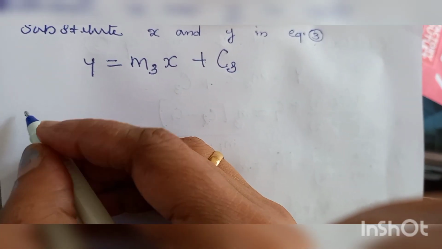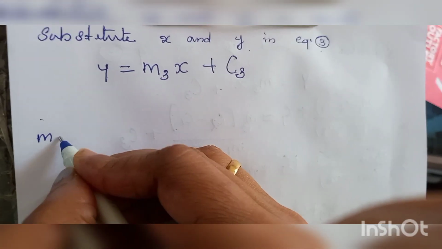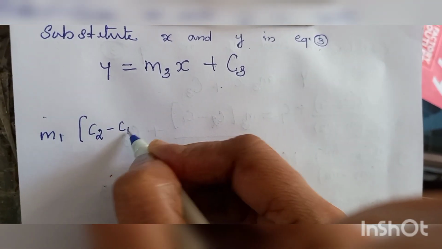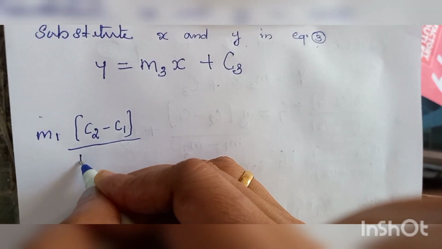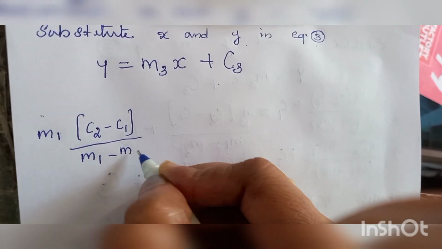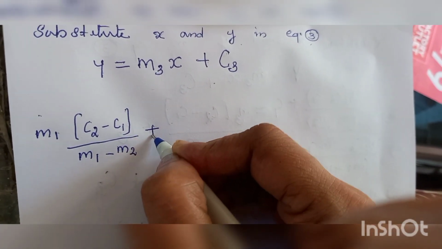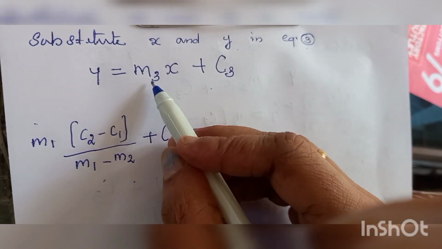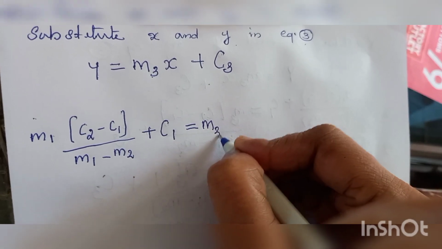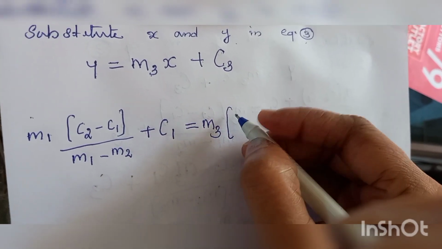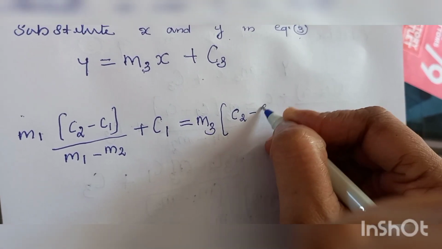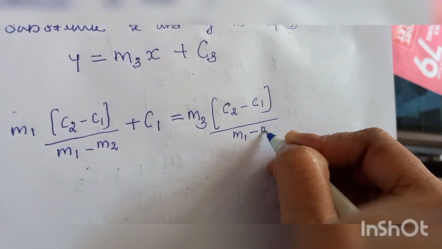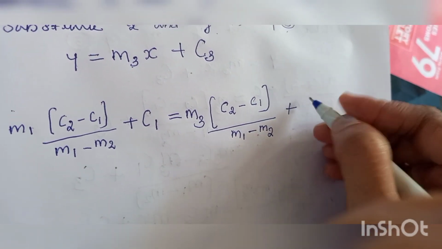So what is y here? y value is m1 into bracket (c2 minus c1) whole divided by (m1 minus m2) plus c1, which is equal to, what is x here? x equals (c2 minus c1) whole divided by (m1 minus m2), so m3 times that plus c3.